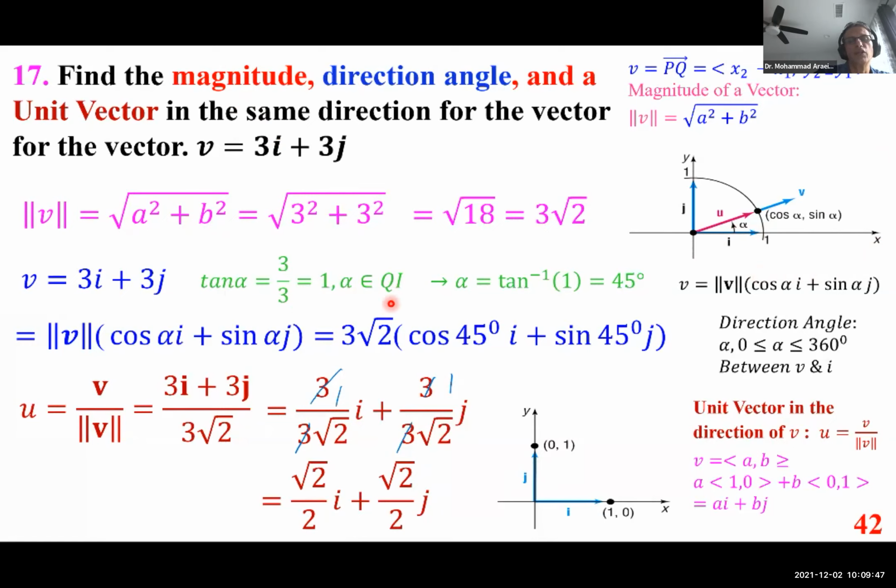Now you pay attention to the quadrant, and then you can write it as the product of the magnitude that you found, cosine alpha i plus sine alpha j. That's the direction. And in order to find the unit vector, all you have to do is divide the original vector by its size, its magnitude.